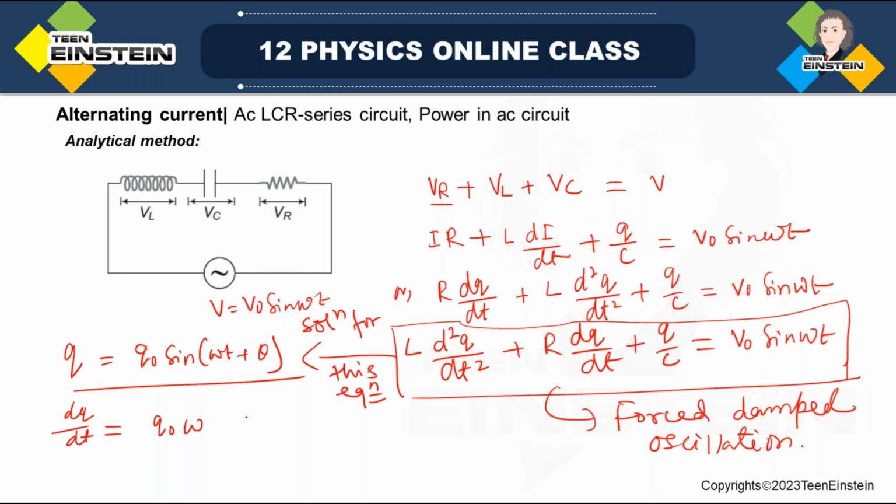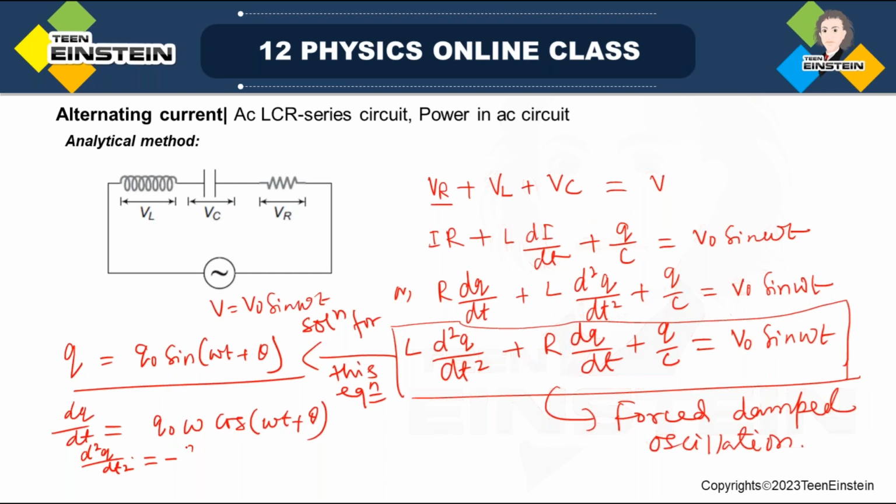q0 omega cos of omega t plus theta, right? What about the second derivative, d2q by dt square? If I take the derivative of this part once again, what will I get?